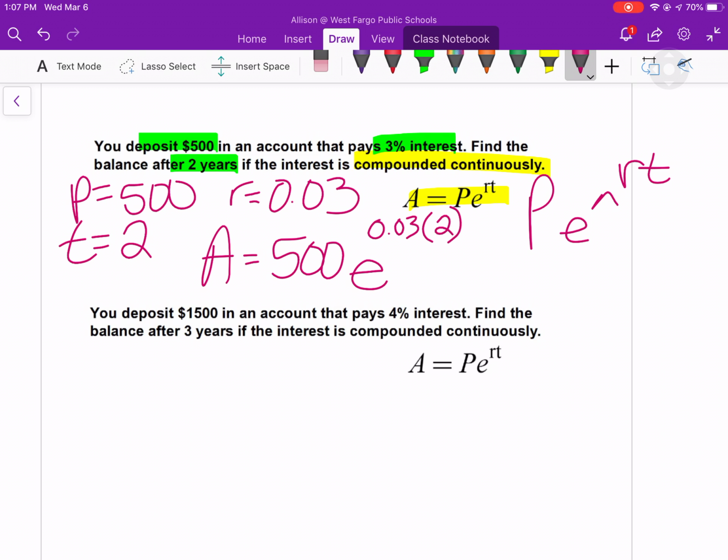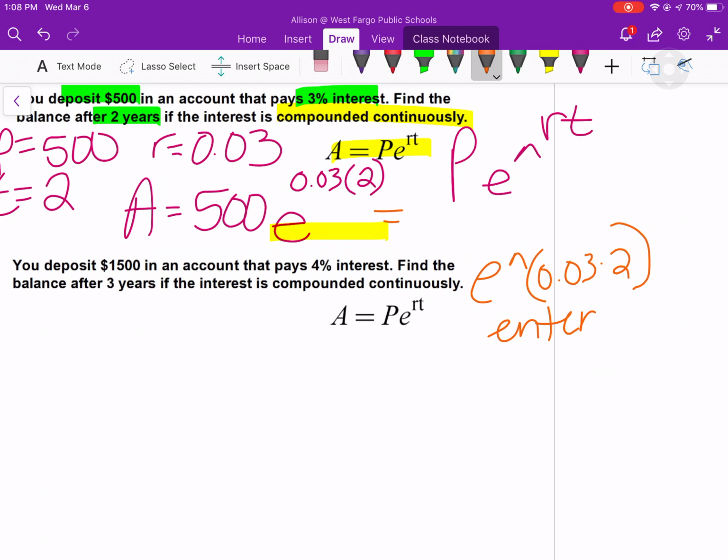The way that I enter this in my calculator, and it's very important, is you're going to do this part first. You type in E to the X, so it'll look something like E to the power of, then you put in 0.03 times 2, and make sure you have parentheses around that whole thing. Then hit enter. When I did that, I got a decimal of 1.0618.